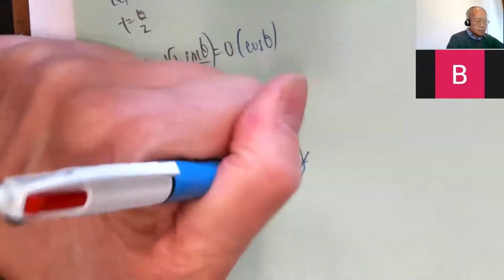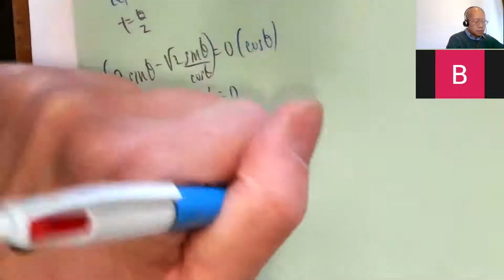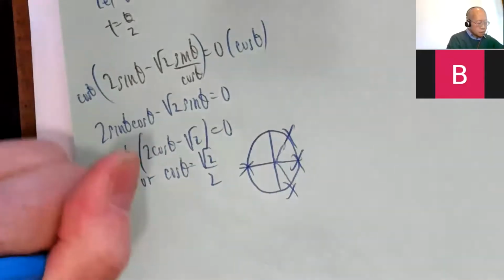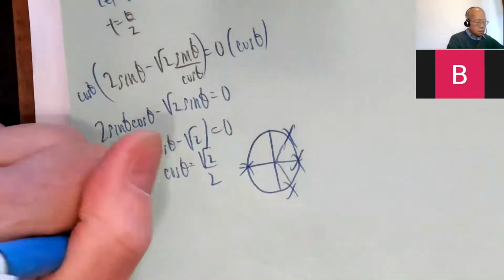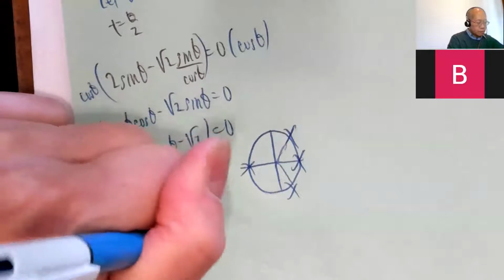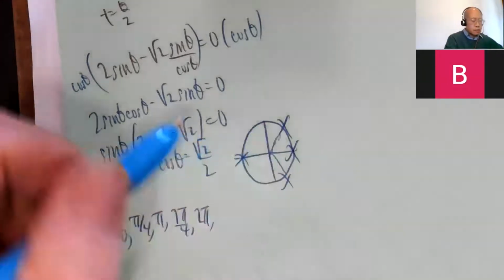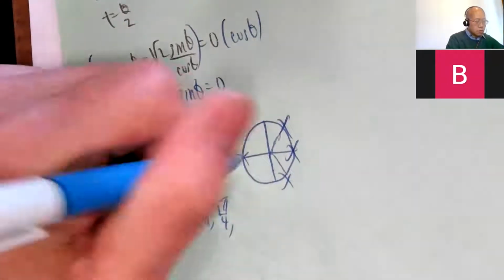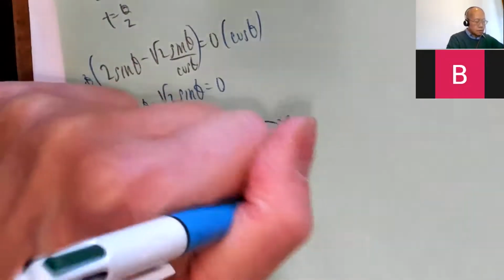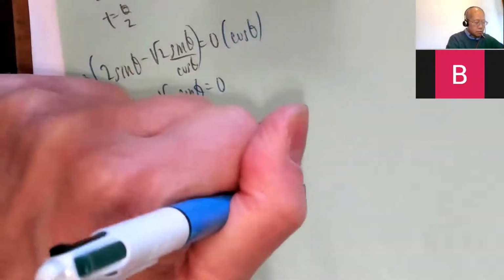Sine of theta is 0, that's there and there. Cosine, the x coordinate, is radical 2 over 2, that's there and there. And I go all the way around the circle twice. So theta is 0, pi over 4, pi, 7 pi over 4, 2 pi, 9 pi over 4, 3 pi, 4 pi, and if I back up pi over 4 from 4 pi, that would be 15 pi over 4.